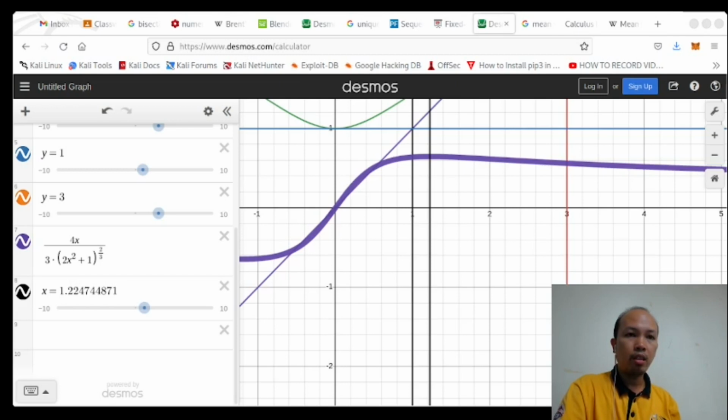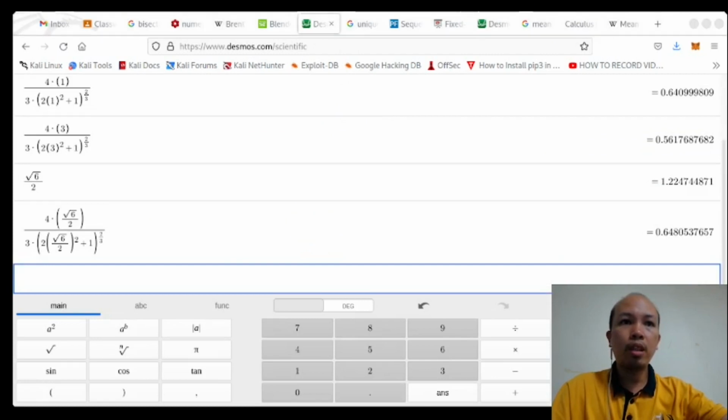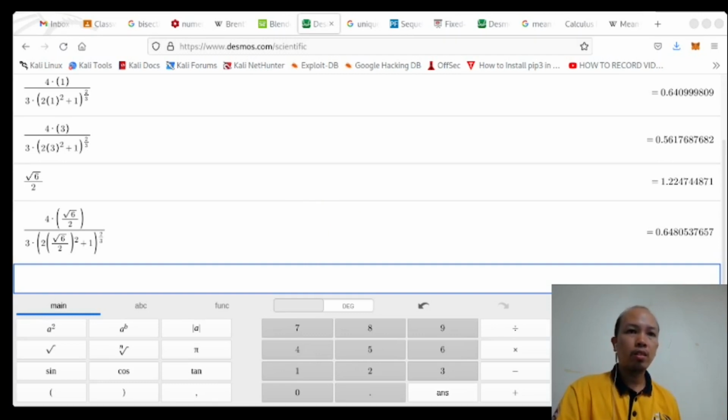Our k, okay, bound for the derivative, first derivative, 0.648 0537 657. Okay, so that's our lambda.